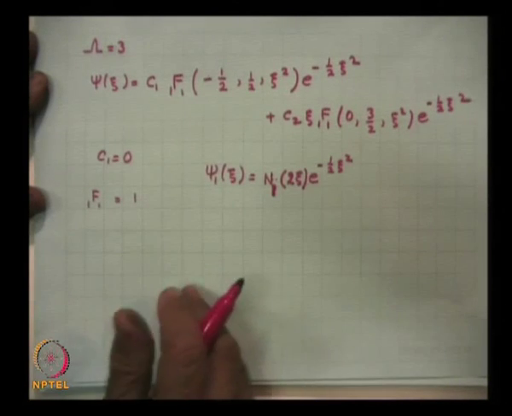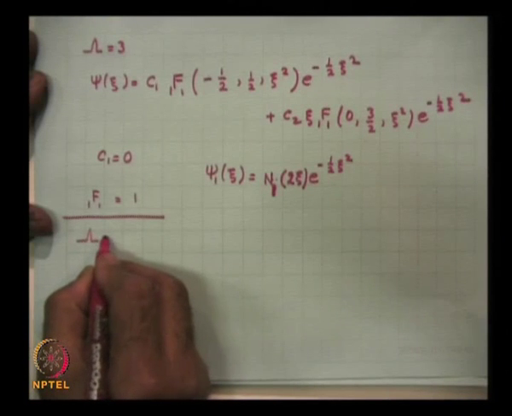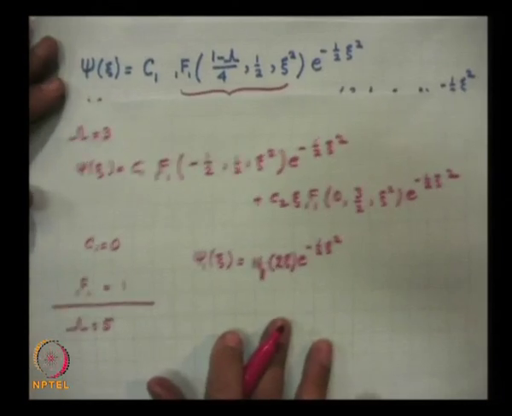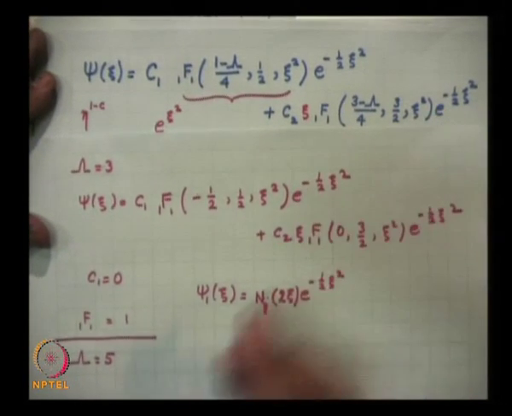Let me go beyond this. Let me do one for lambda equal to 5. Lambda is equal to 5, and as you can see, I go back to the solutions again.